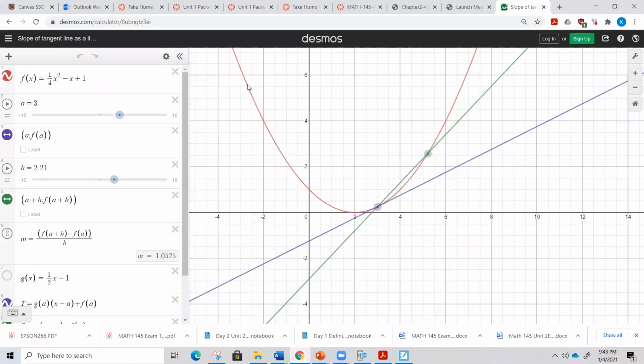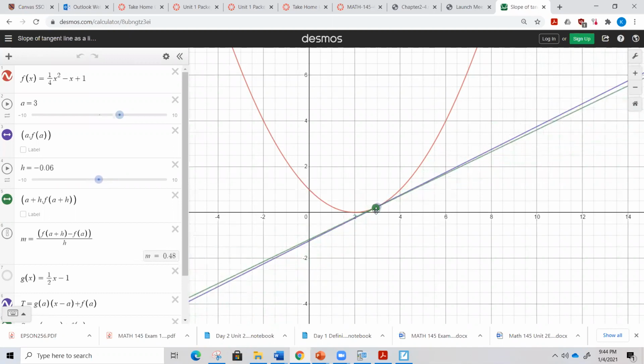And there's a nice application on Desmos that shows you this. My green line is the secant line, and my purple line is the tangent. So this would be my point P. This is my Q. And if I move Q closer and closer, so I make the distance between those x values closer and closer to 0, as that approaches 0, that secant line becomes the tangent line.